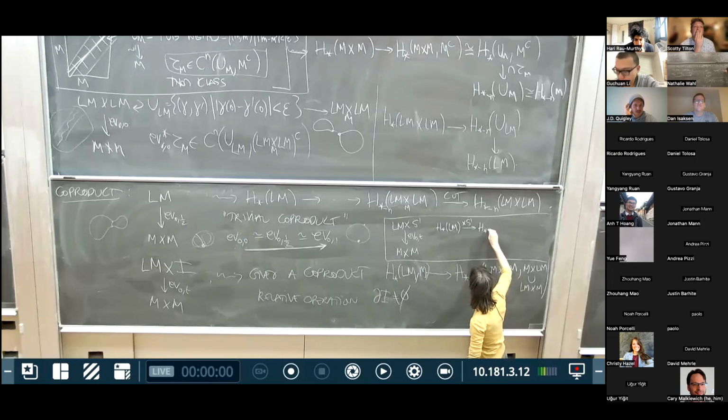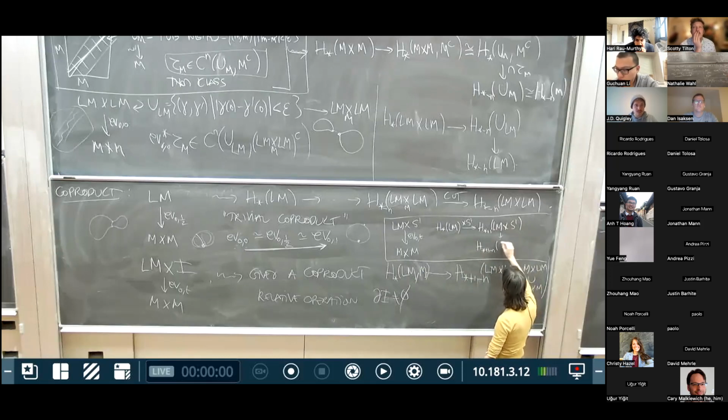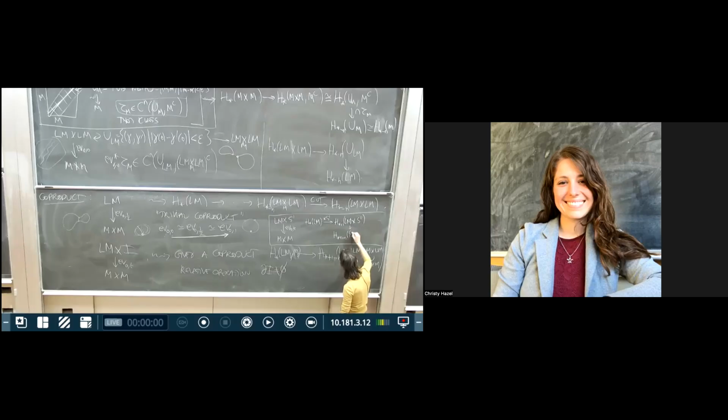H star plus 1 of LM cross S1. And I can do the same procedure as before, and I will get into H star plus 1 minus n of the subspace of loops, the subspace of gamma t such that gamma of 0 equals gamma of t.